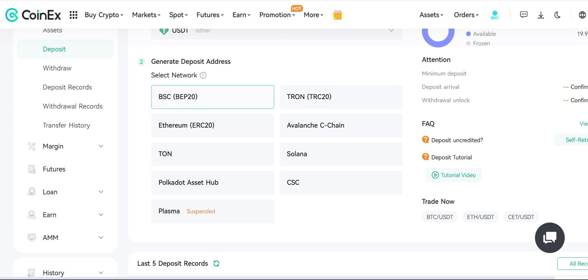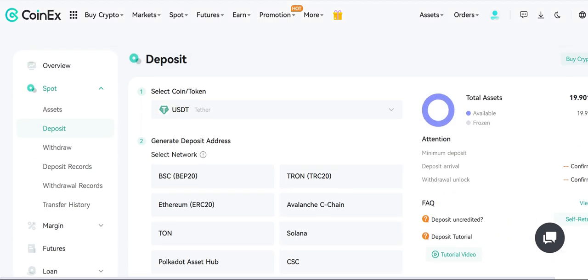So you would select the network and then generate the address down at the bottom. Then you copy this address and paste it into your MetaMask as the deposit address, because this is where you're going to be depositing to. And it would, of course, be the withdrawal address when it comes to MetaMask, because it's the opposite.